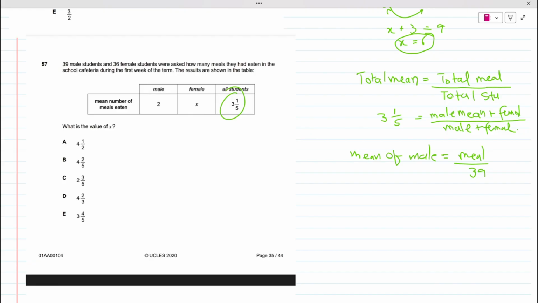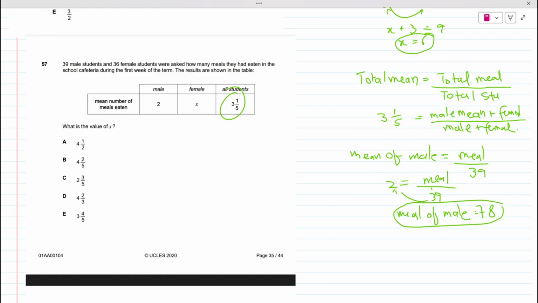Now mean of male is already given, which is 2, right? So 2 equals male meal over 39. 39 is dividing here, when it goes there it will be multiplied. So meal of male came out to be 2 nines are 18, 2 threes are 6, 7, 78. Now we have found male meal, right?